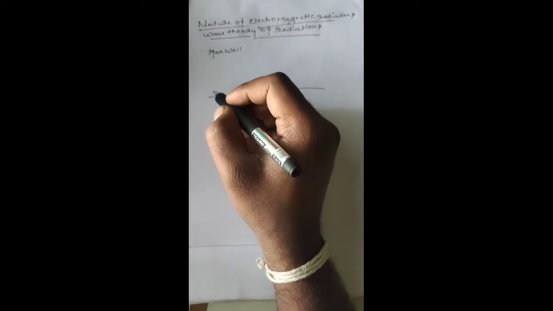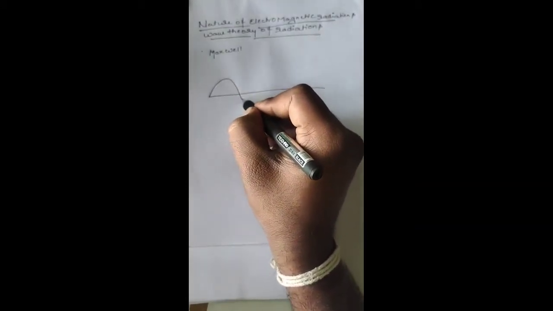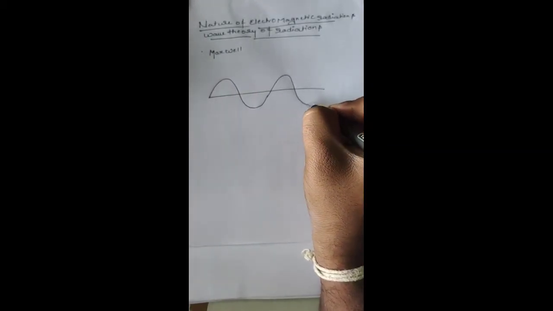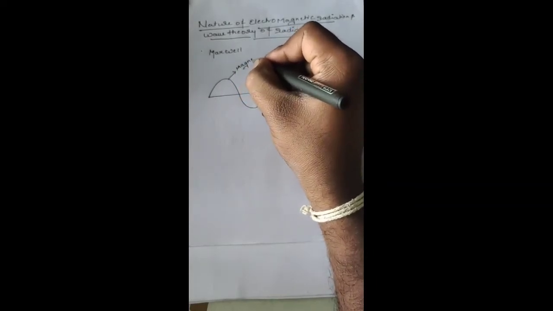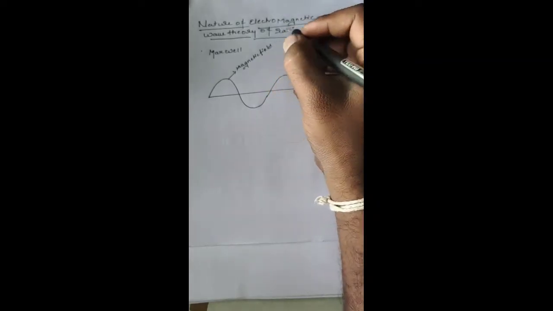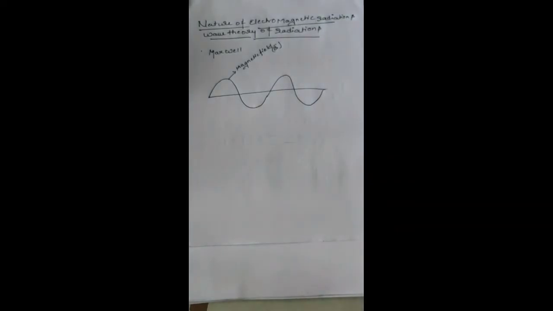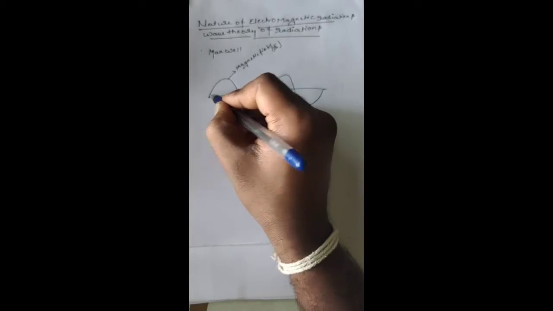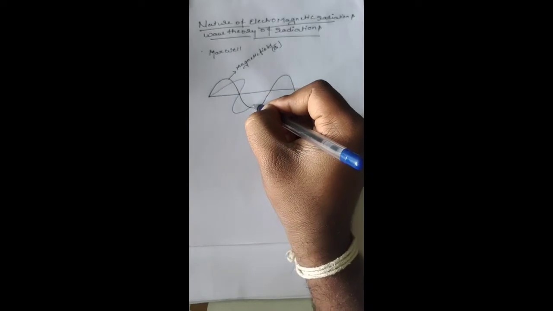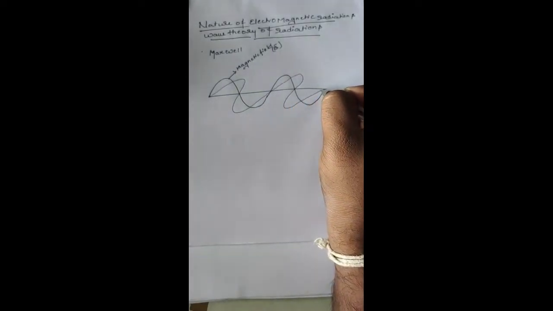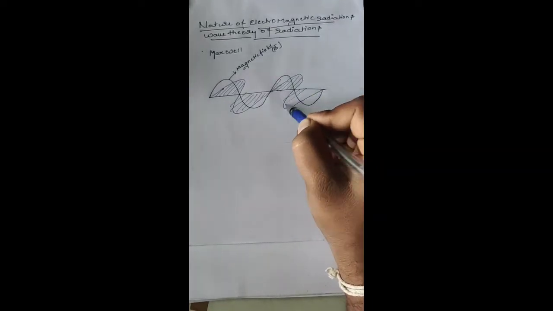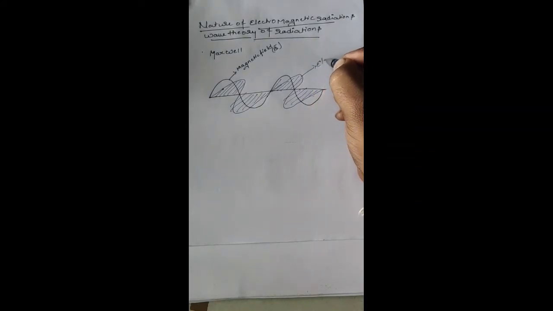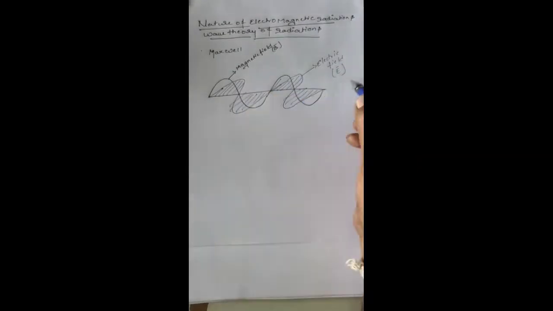this is a diagram that we are going to write. First, I am going to write the magnetic field, denoted by B. Another I am going to write is the electric field, denoted by E. It is in the x direction, correct?